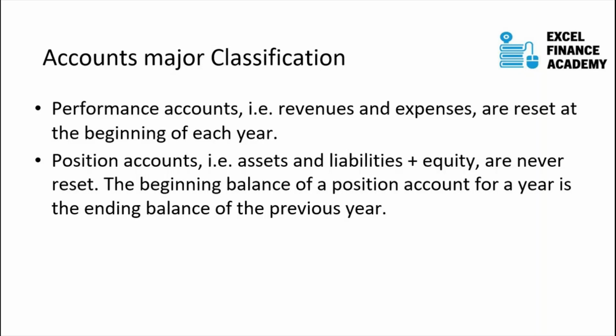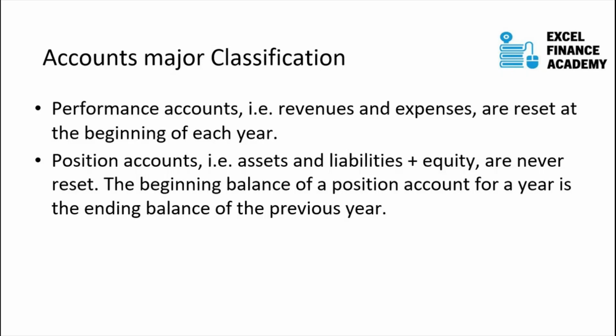So where will this 100,000 go? Sales will go to profit and loss, right? And profit and loss, whatever the balance is, will go to the balance sheet. So this $100,000 will ultimately go to the balance sheet within the same year.